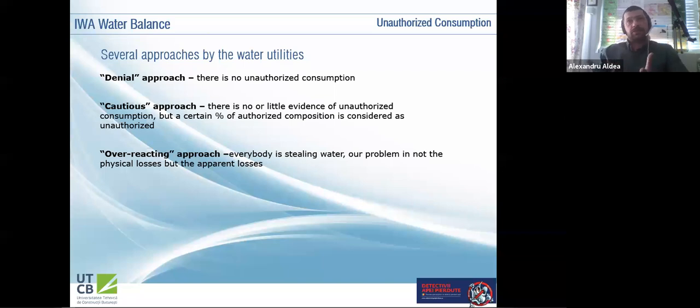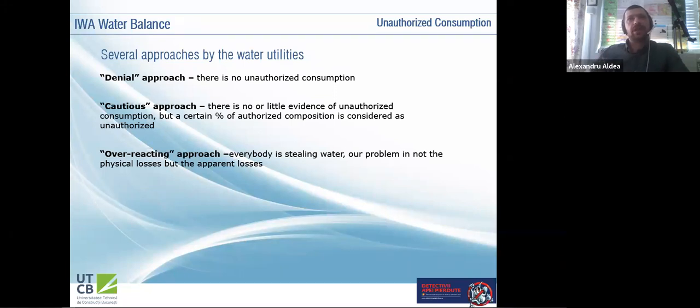My advice to people on this subject is, look, surely I didn't find in Romania one case, let's say, of a regional operator that has huge apparent losses problems, not to mention unauthorized consumption. Most of the water losses are physical losses. So the overreacting approach doesn't hold up.